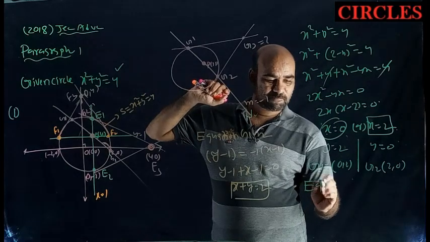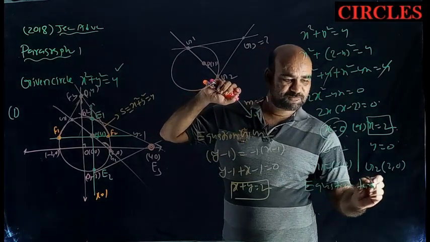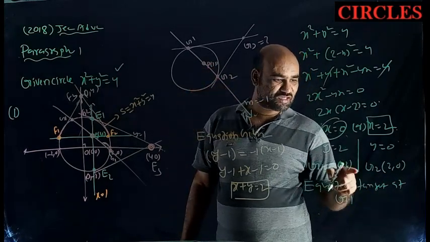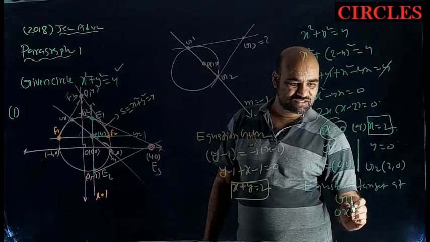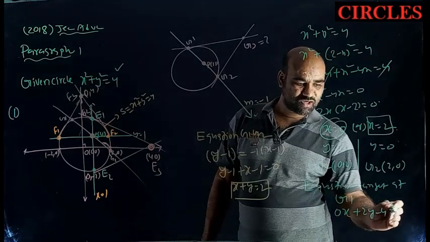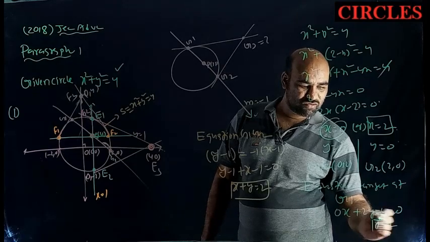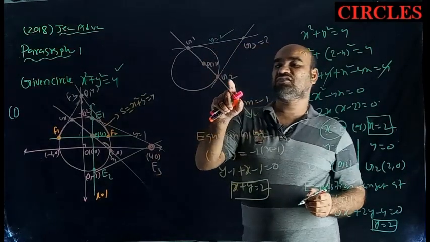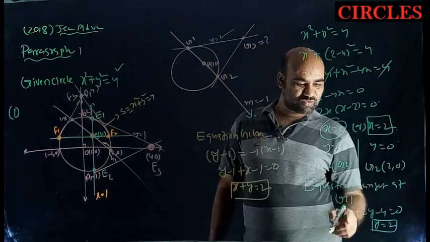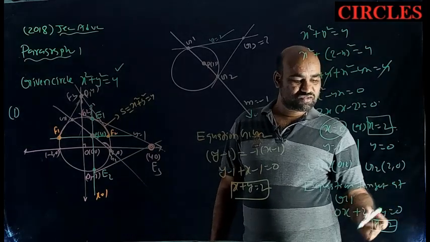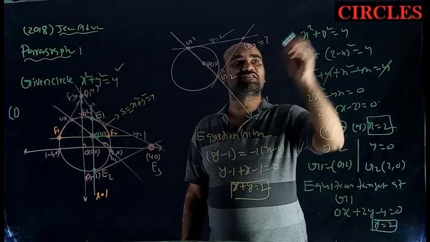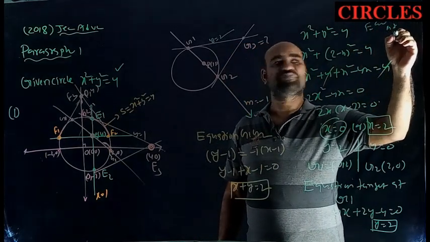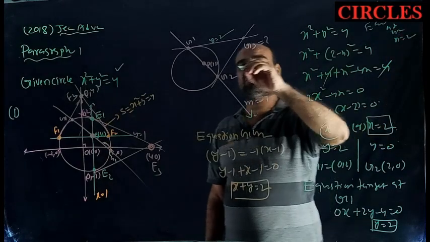The equation of the tangent at G1, using xx1 + yy1 = 4: 0x + 2y - 4 = 0, or y = 2 is the equation of the tangent. Next, at (2, 0): 2x - 4 = 0, so x = 2. The equation of the tangent at G2 becomes x = 2.